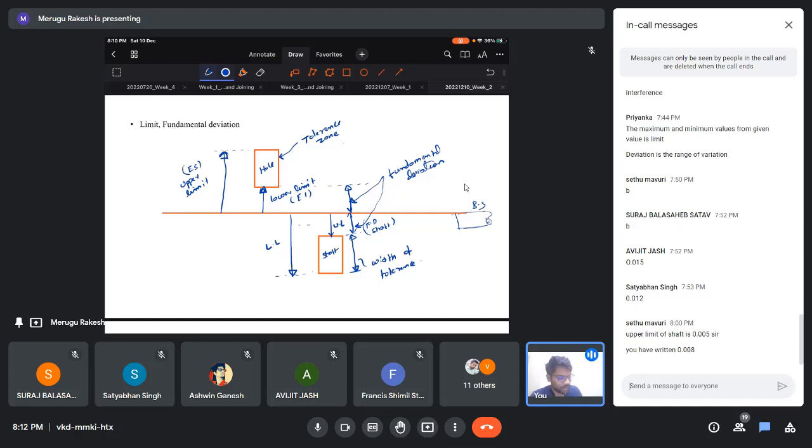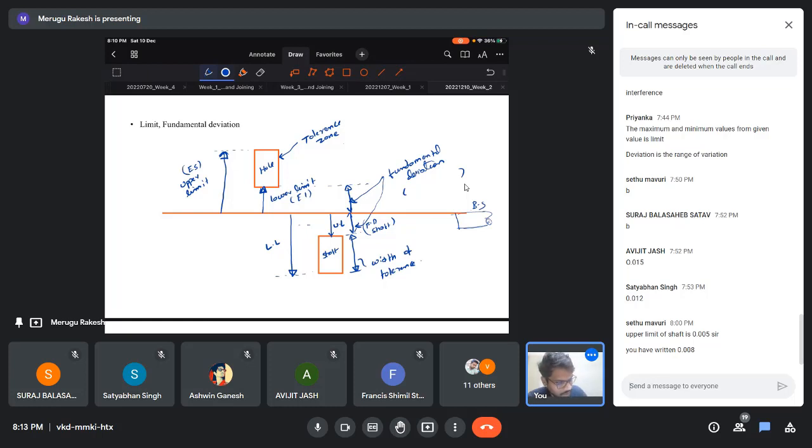Okay, so let us end with this beautiful diagram on fundamental deviation. Someone asked earlier also, what is the fundamental deviation? As I said, it is the difference between the maximum material limits, and the basic definition is how far from the basic size the tolerance zone is located.